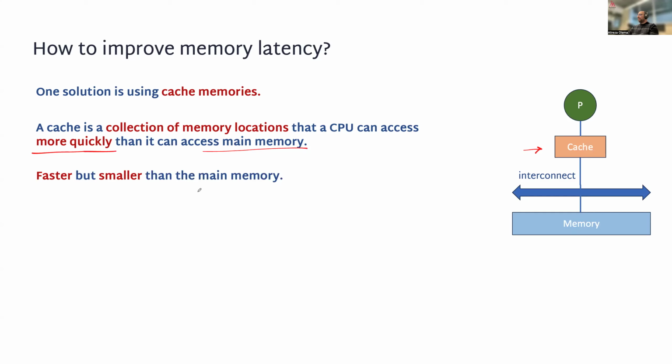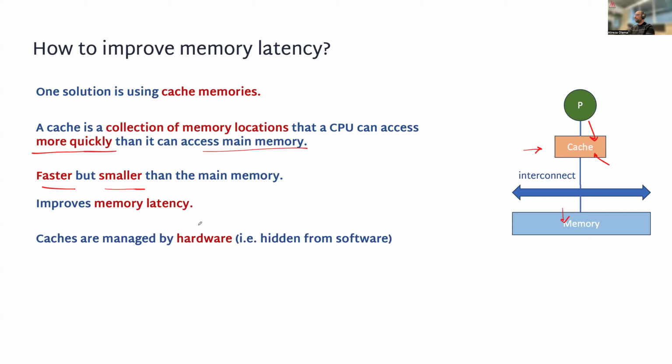It is smaller than the main memory, however, it's faster, right? So it can improve memory latency because the CPU gets data from the cache, which is faster than the main memory. If the data is available in the cache, the CPU does not need to get it from the main memory, and it can improve the latency, right?